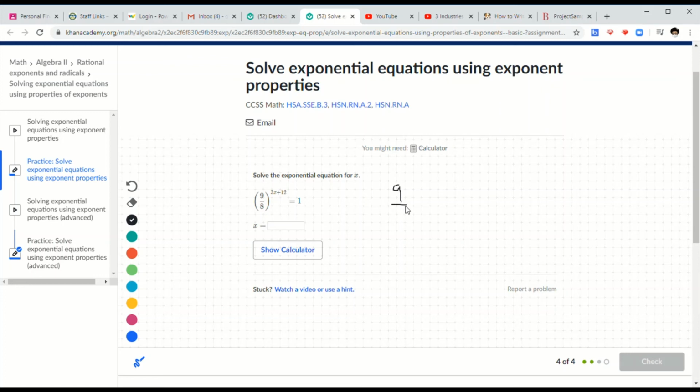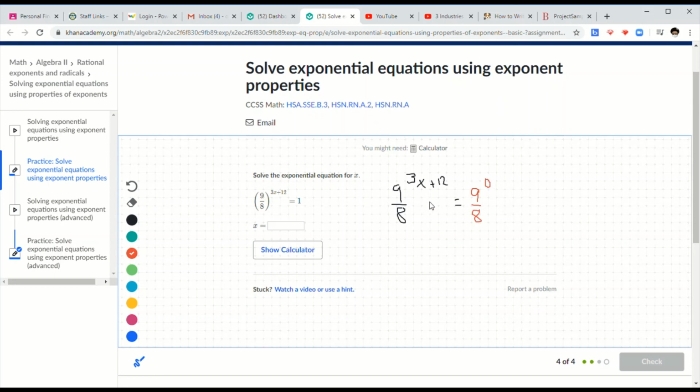So I'm going to go 9/8 to the 3x plus 12, and then I'm going to say also 9/8 raised to the 0. That's going to be equal to 1. I always forget to switch up the colors. Okay, I want to highlight what I'm doing that's different.